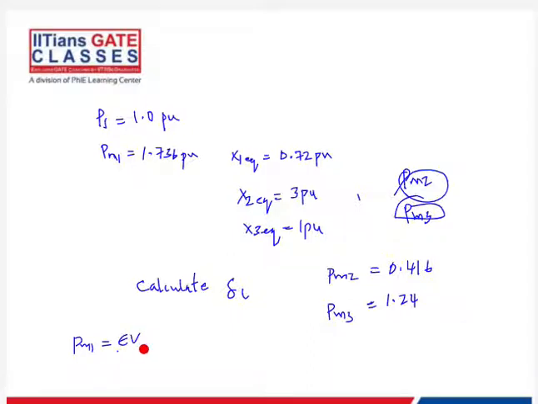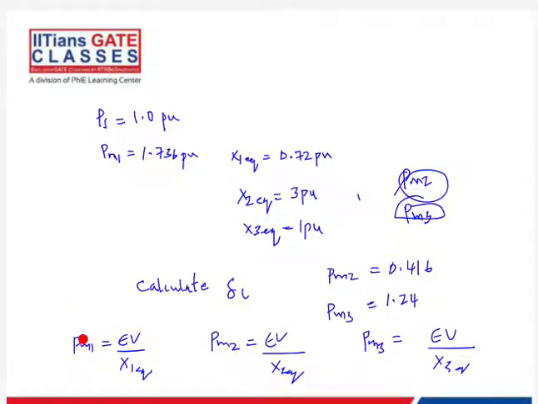PM1 is EV divided by X1 equivalent. PM2 is EV divided by X2 equivalent. PM3 is EV divided by X3 equivalent. So you are given PM1 and X1, so you can calculate the product of EV as 1.73 into 0.72, right?